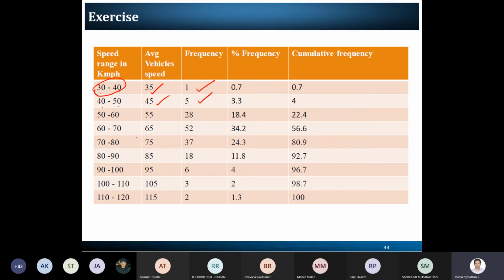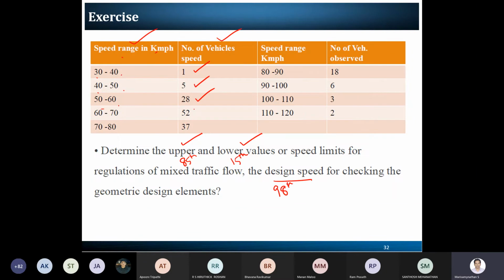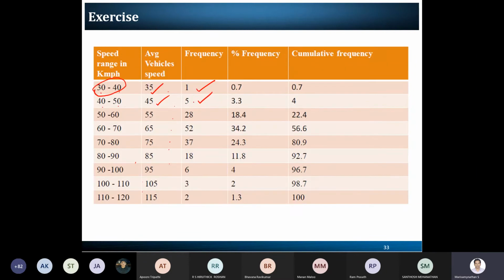For each interval you estimate the average vehicle speed. That average speed is estimated, and the frequencies 1, 5, 28 and so on are given in the problem.